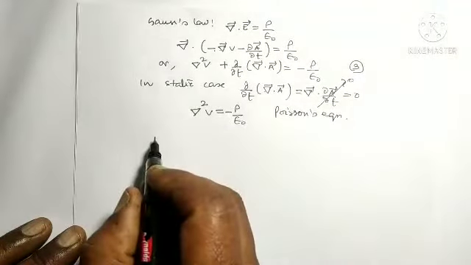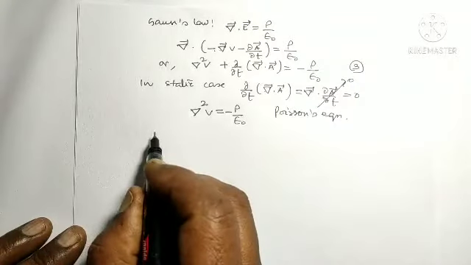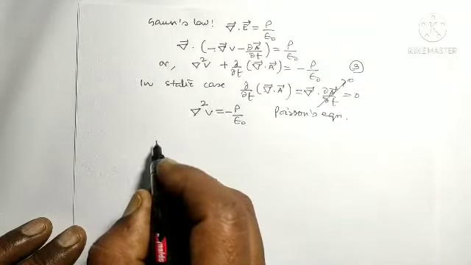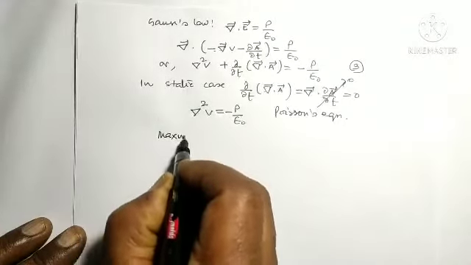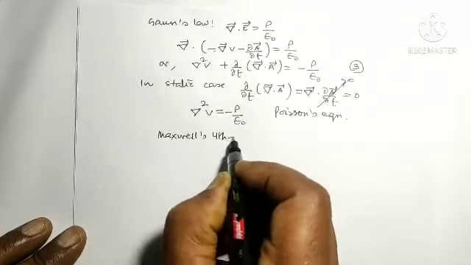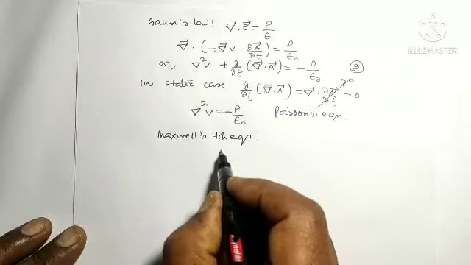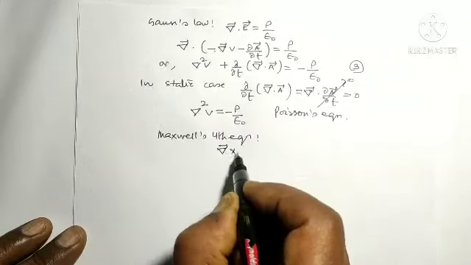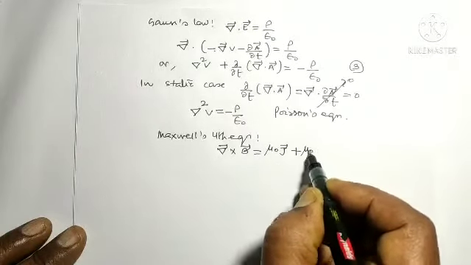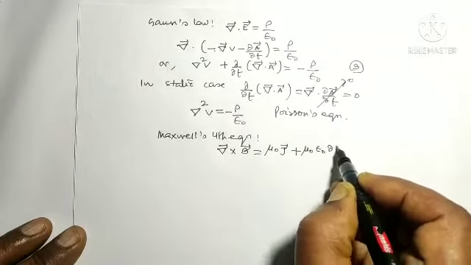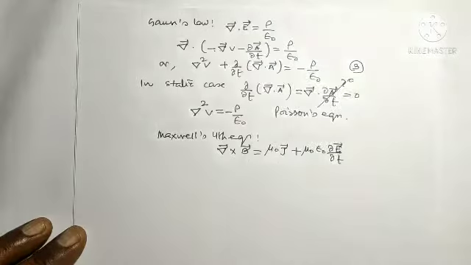And now, what about Ampere's law with Maxwell's correction? Let us see. Maxwell's fourth equation is del cross B equals mu 0 J plus mu 0 epsilon 0 del E by del t.